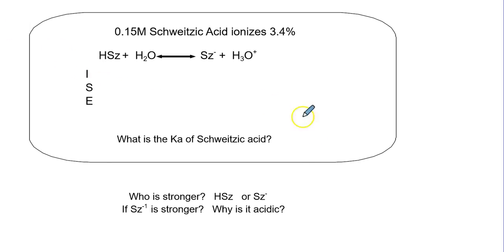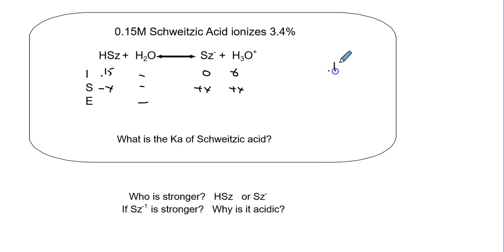All right, let's say example here. We have 0.15 moles per liter of schweitzic acid, ionized 3.4%. How do we do this? Okay, well, we have 0.15. And it ionizes, so it's minus X. Water's not playing a role. 0, 0, plus X, plus X. So X is 3.4% of 0.15.